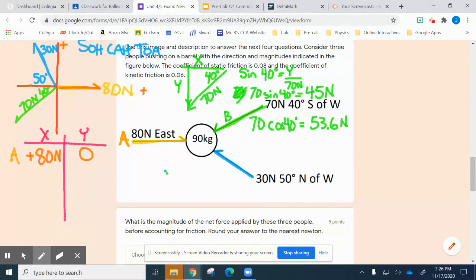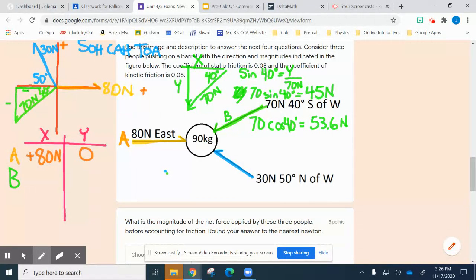For vector B, this is the one thing you need to look back at the chart over here and notice that vector B, the green one, has a negative x and a negative y. If you think about the x part, it's going to the left, so that's negative, and the y is going down, so that's negative.